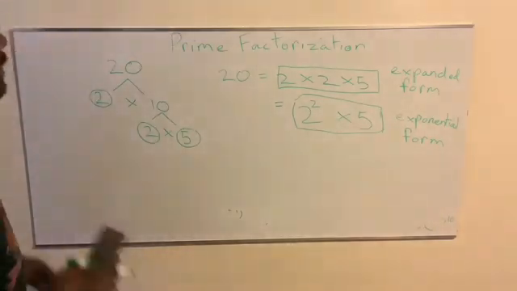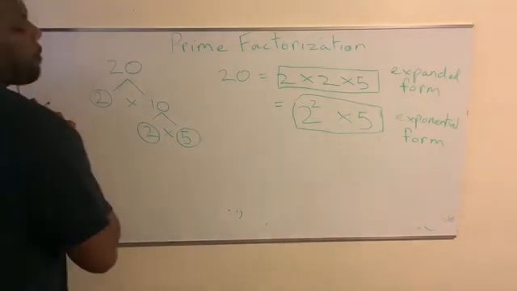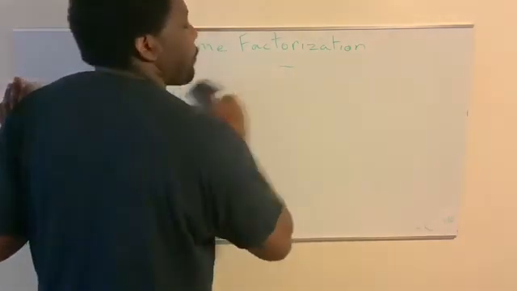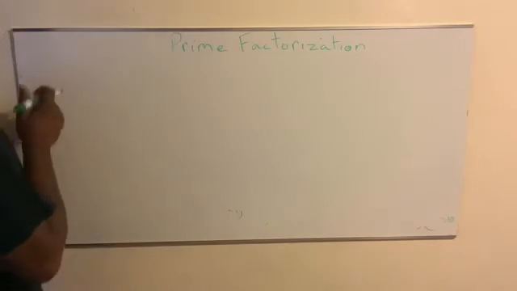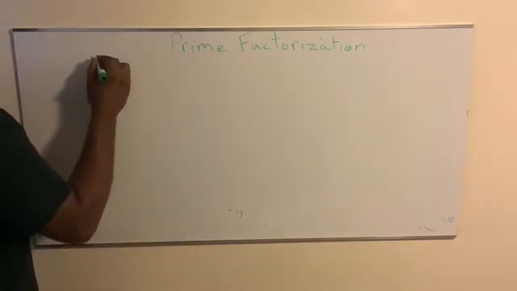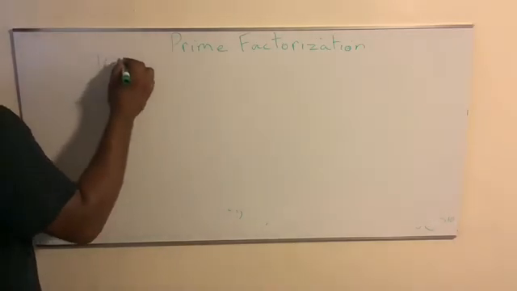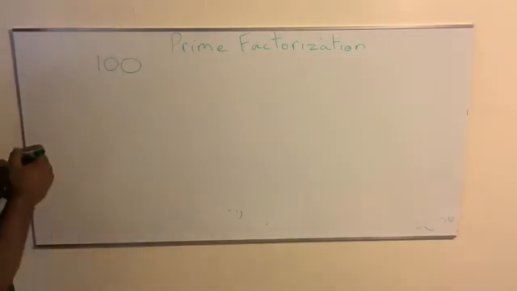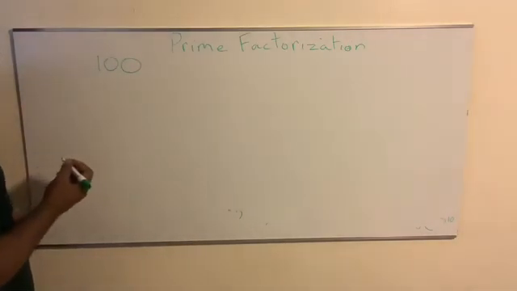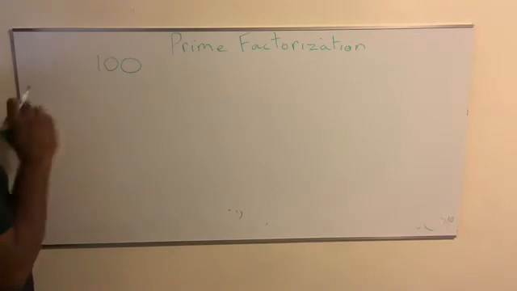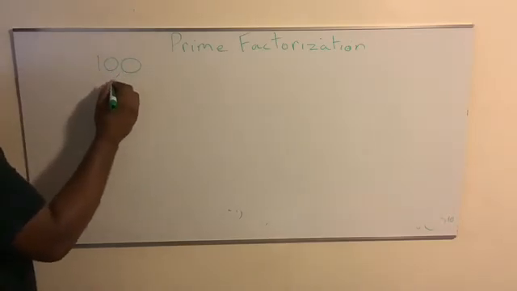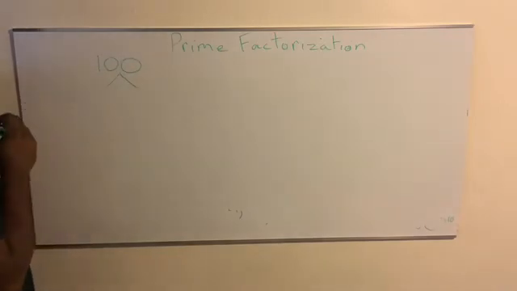Okay, let's take another example. If I want the prime factorization of 100, it doesn't matter how I start breaking down 100, I will always end up with the same primes. We can take a look at that.